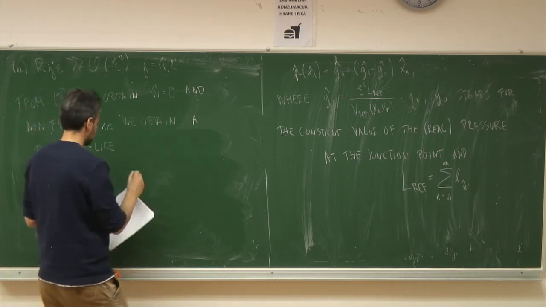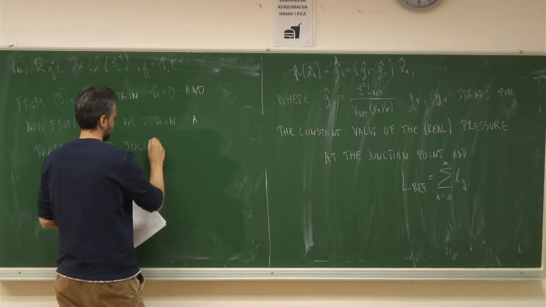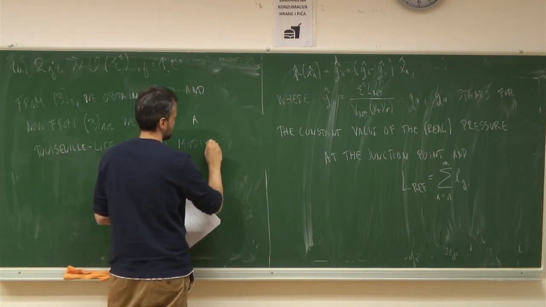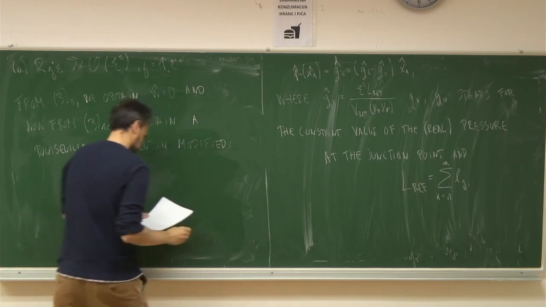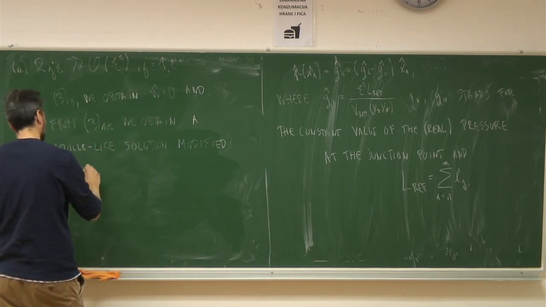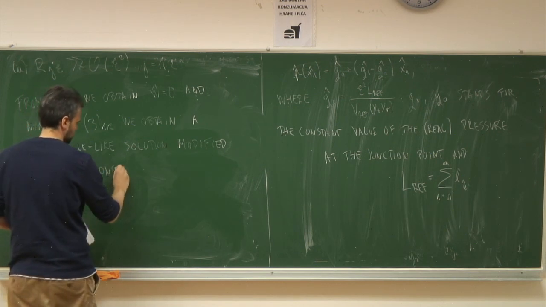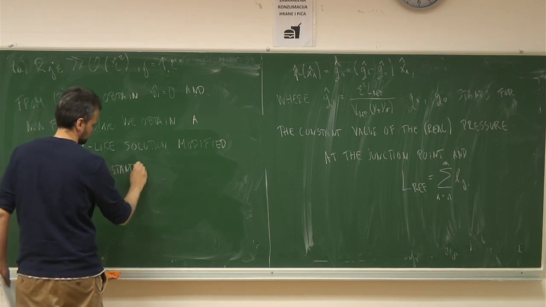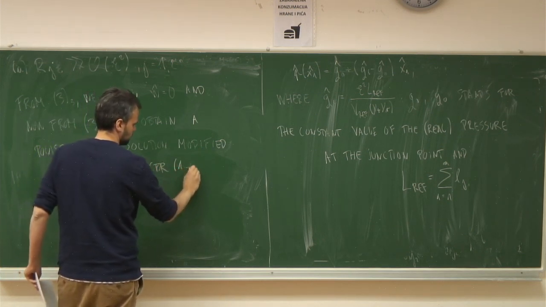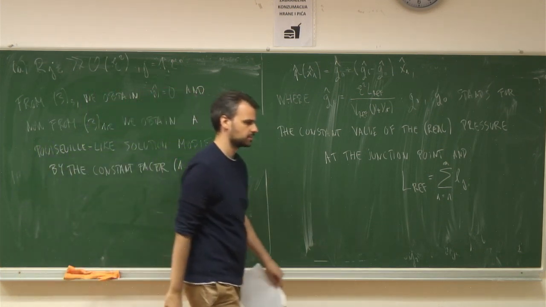Poiseuille-like solution, so modified by the constant factor 1 minus n, which appears regularly in these expressions.